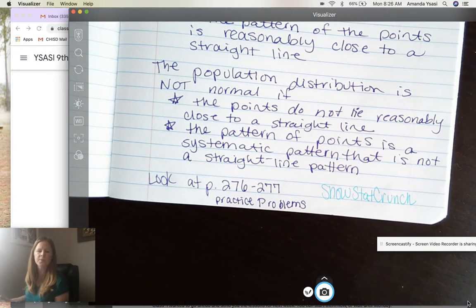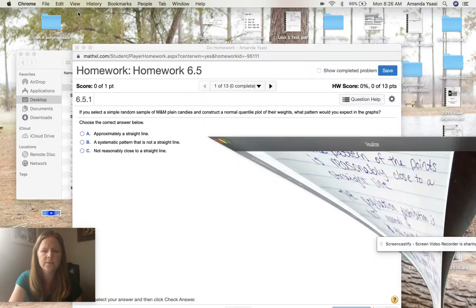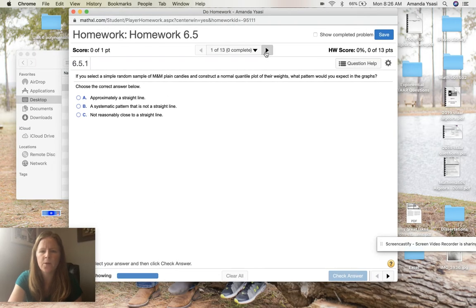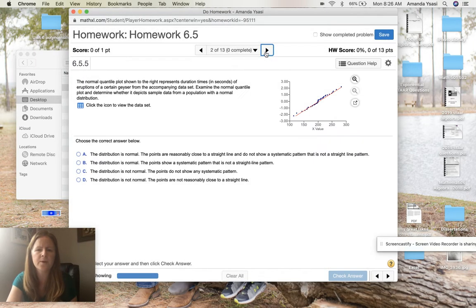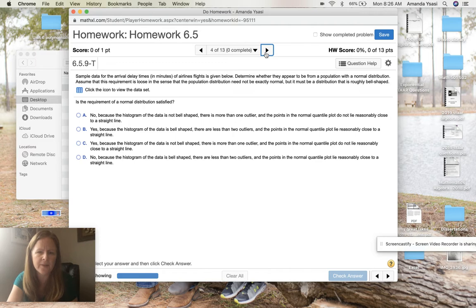Now we're going to get on to some homework. So here is what y'all's homework is looking like. It's giving you a graph and asking you, is it normal?